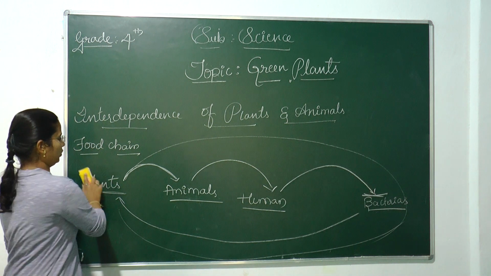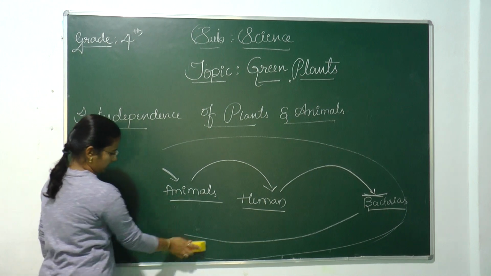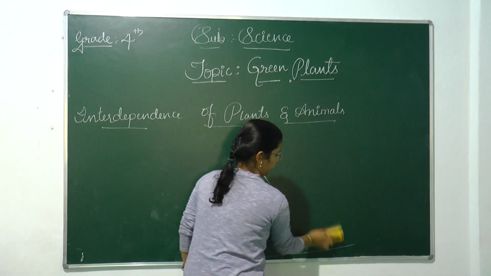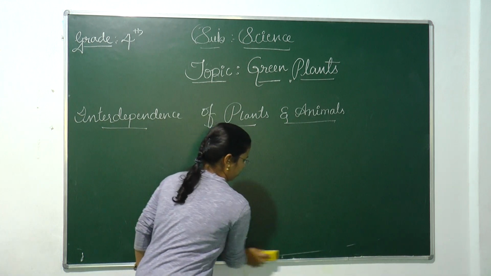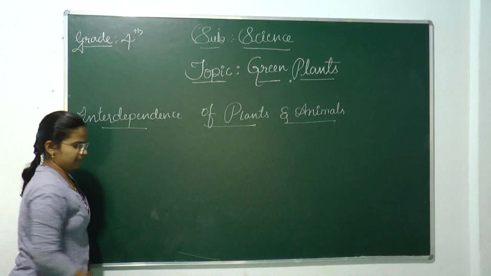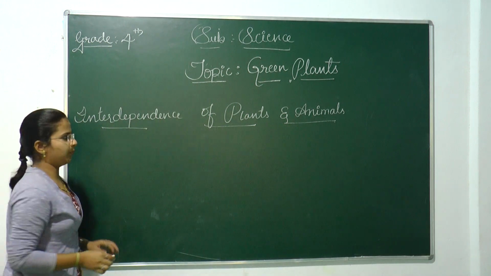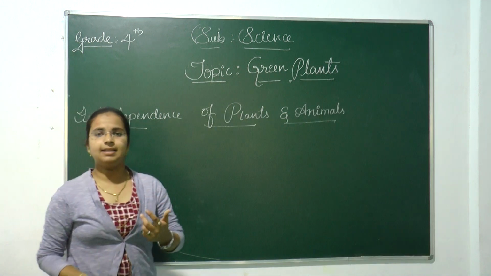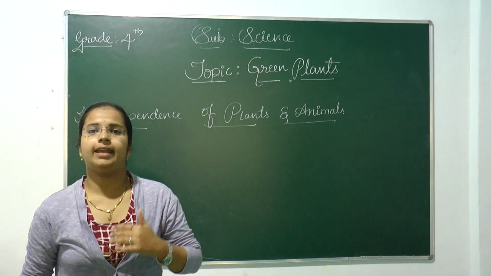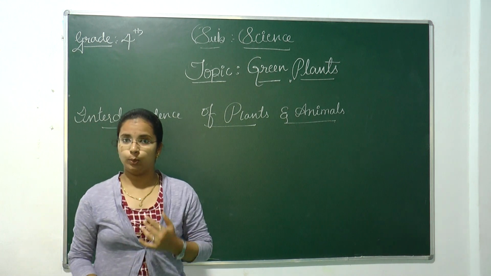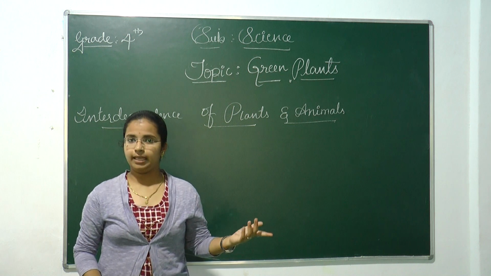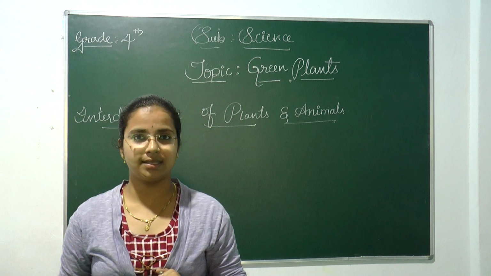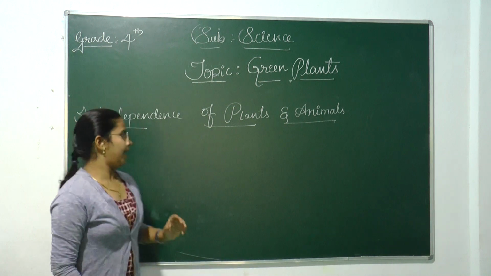Next, we shall move to the next topic: plants and animals are also dependent for the sake of gases. What are these gases? How are they interdependent? We know that plants inhale carbon dioxide and exhale oxygen, while all living organisms inhale oxygen and give out carbon dioxide.